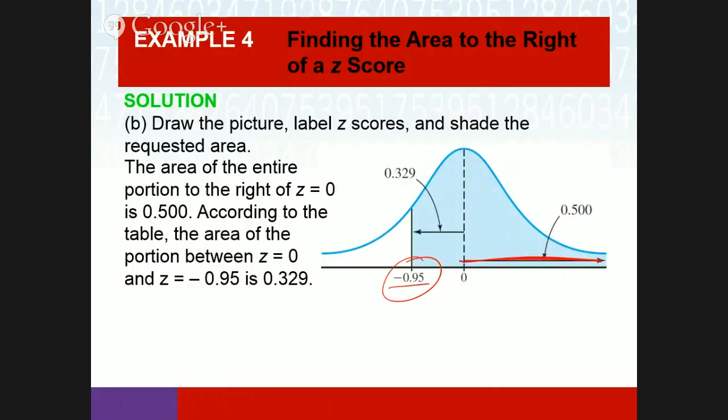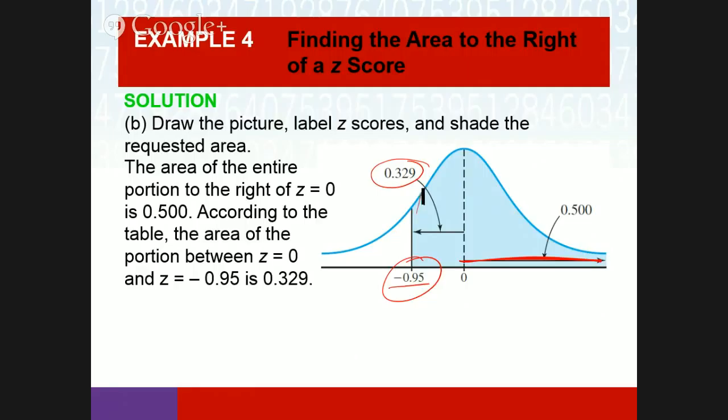I look at the corresponding area for a z-score of 0.95. 0.95 is 0.329. So you want to find the corresponding z of 0.95, which would be 0.329.